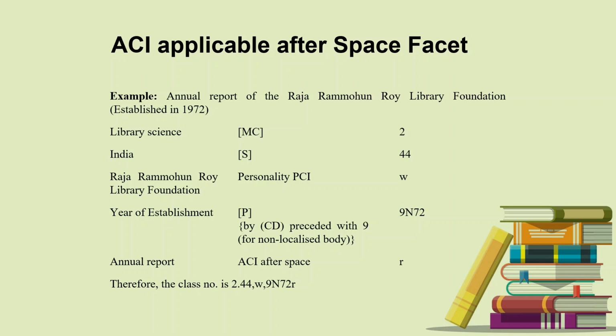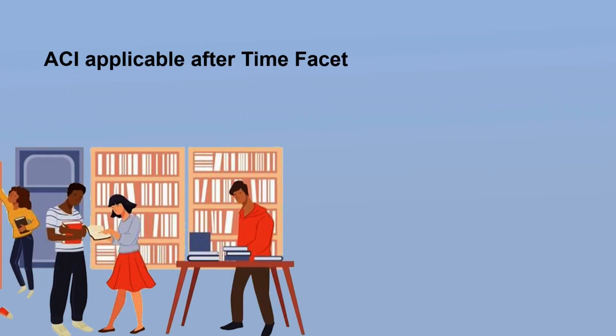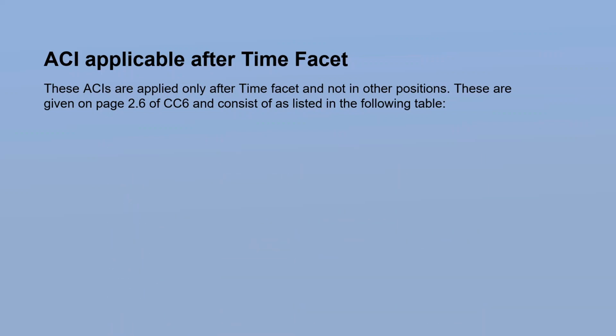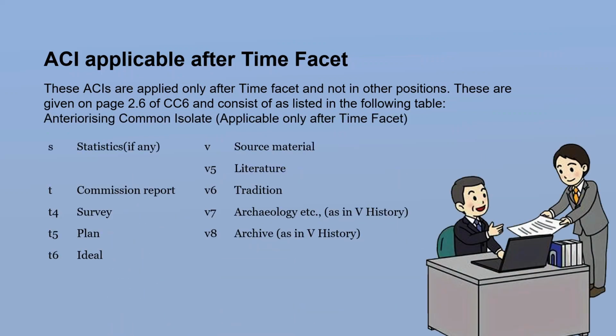Here we move on to anteriorizing common isolate applicable after time facet. These ACI are applied only after time facet and not in other positions. These are given on page 2.6 of Colon Classification 6th edition, 1963 reprint, and consist of those listed here.